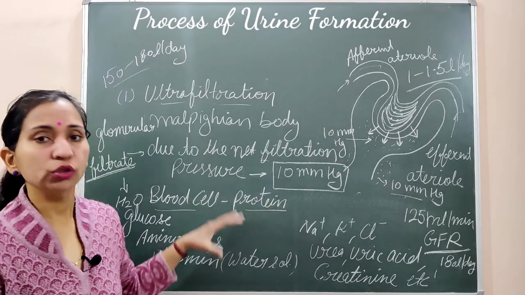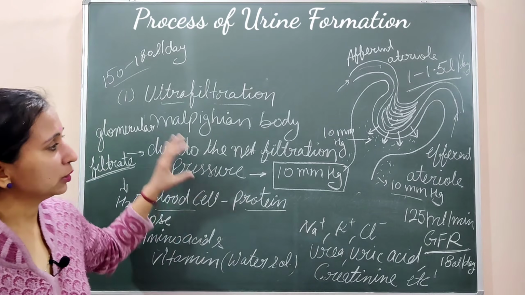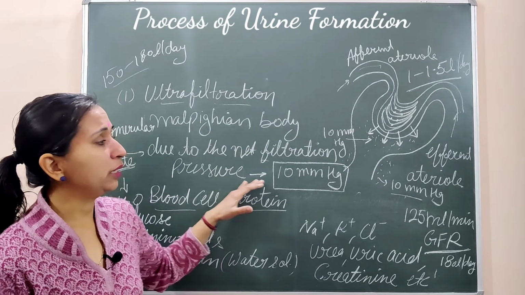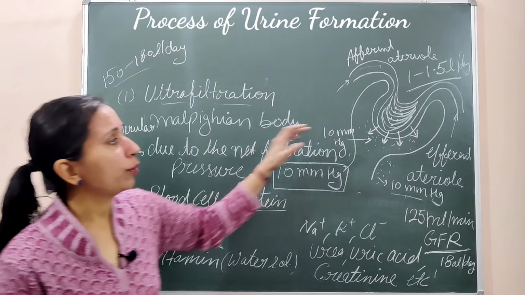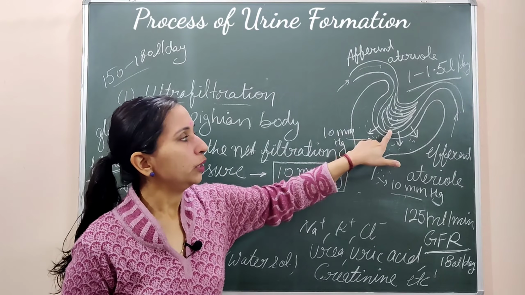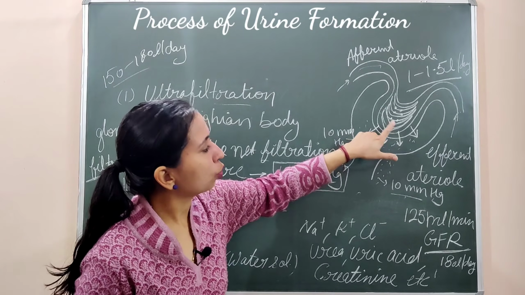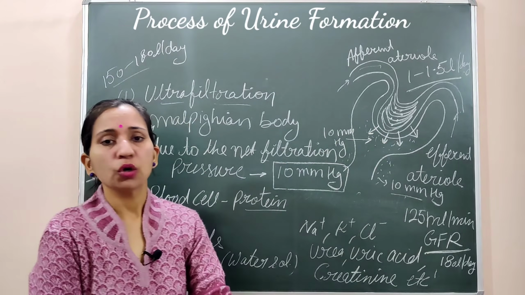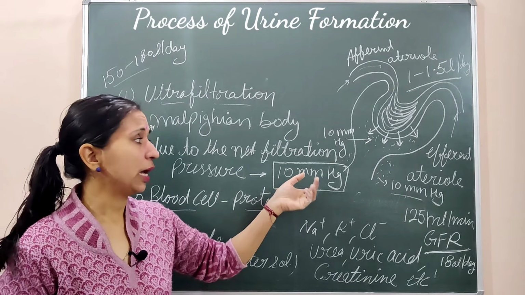So here we discussed ultrafiltration. Ultrafiltration is the process which happens in the Malpighian body. Net filtration pressure is 10 mm Hg. It happens due to the glomerular hydrostatic pressure, colloidal osmotic pressure, and capsular hydrostatic pressure. Overall, the pressure which is formed is 10 mm Hg.